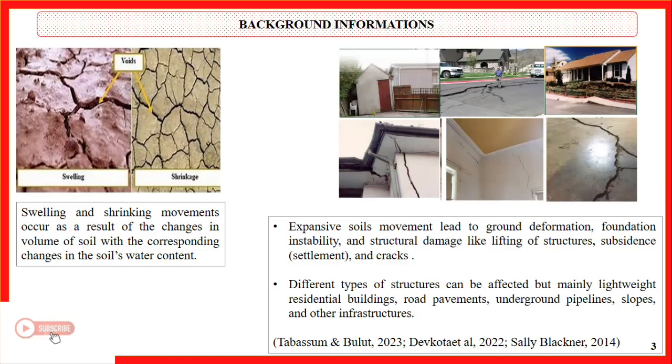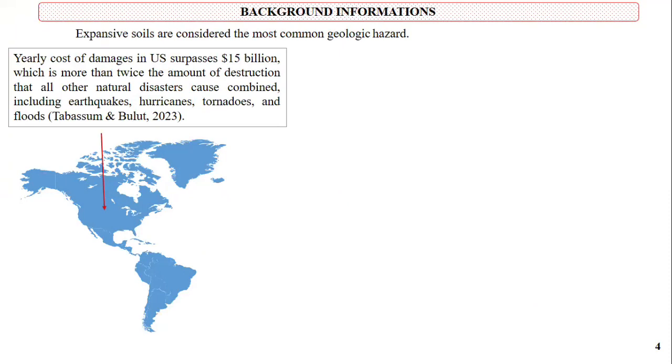Different types of structures can be affected by this movement, but it's mainly lightweight residential buildings, road pavements, pipelines, and others. Expansive soils are considered the most common geologic hazards.